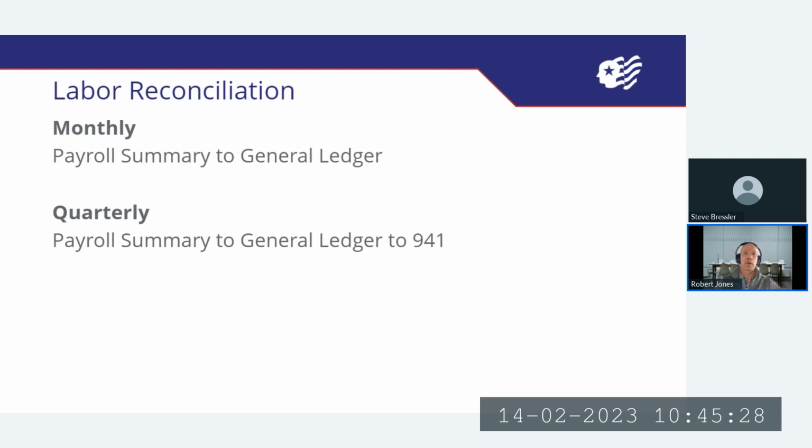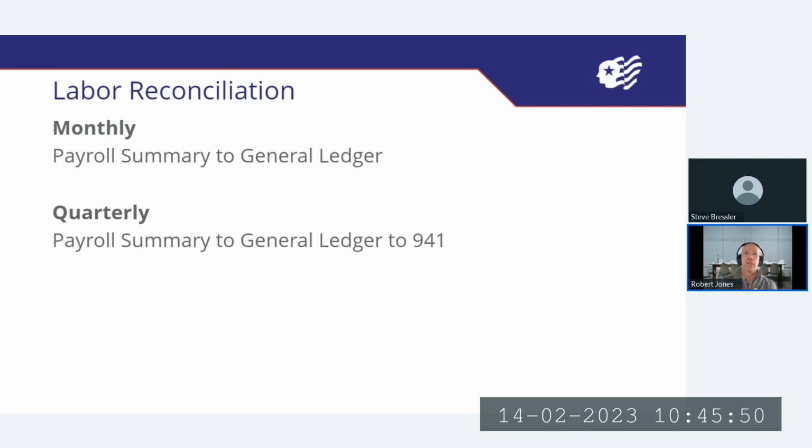So let's say for January, February, and March, I'm going to do a monthly reconciliation. But at the end of March, I'm going to bring in my 941s, right? So even if somebody is doing my external payroll, which is the case for most people, I get that 941 that they filed. I now line that up to my first 3 months of the year, and hopefully everything ties, right?